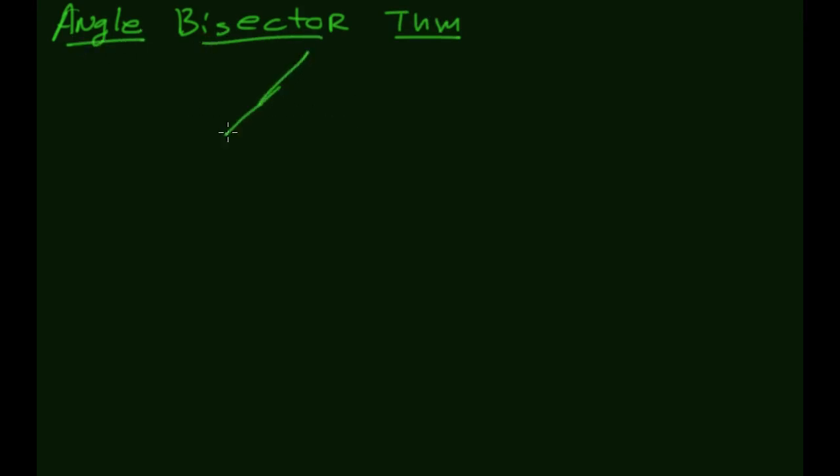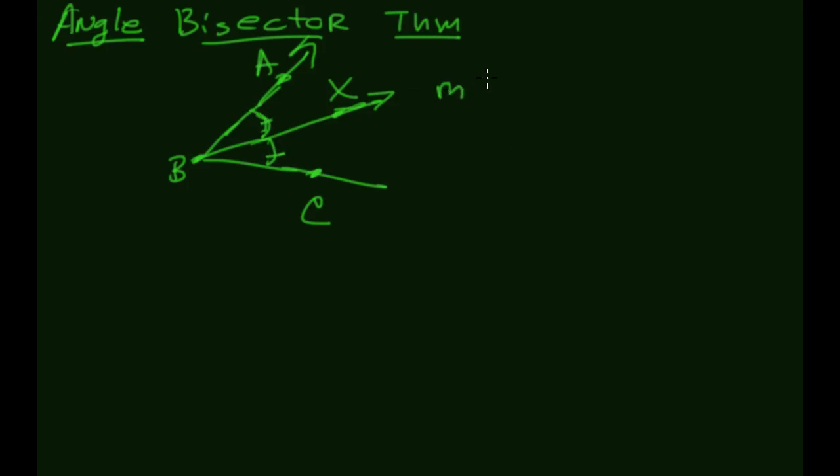It says that if I have an angle, let's call it ABC, and I have some ray here called BX, so that ray is the bisector, meaning that these two angle measures are the same, then I can say that the measure of angle ABX is half of the measure of angle ABC.